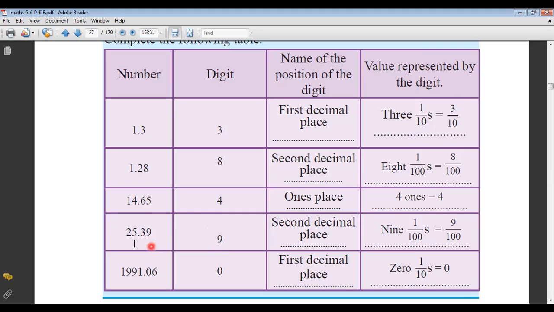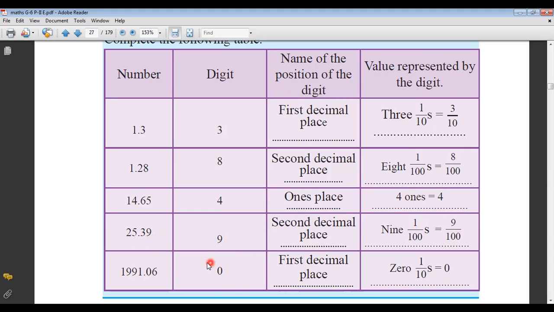Now 25.39, we have to talk about 9. 9 is on which place? What is the position of the digit? It is the second decimal place. The value represented by the digit is 9 out of 100.